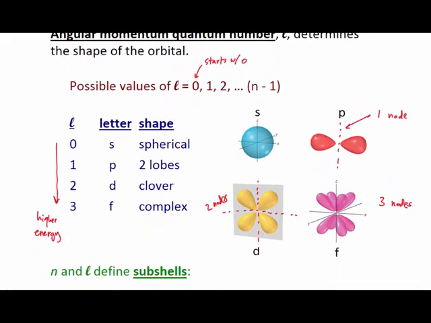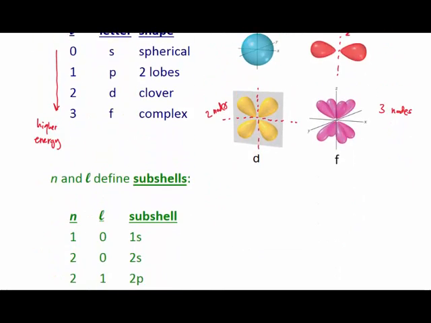So when we take n and l together, they define what is called a subshell. And as we'll see in a little bit, a subshell is a general area where electrons can be categorized in a molecule.